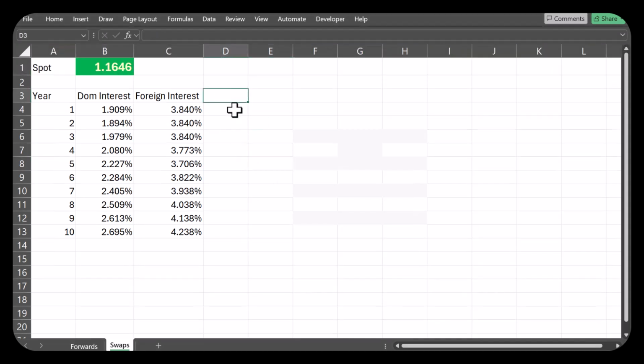These are all years, so I'm going to basically do spot rate times 1 plus the foreign rate raised to the power number of years, divided by 1 plus the domestic.